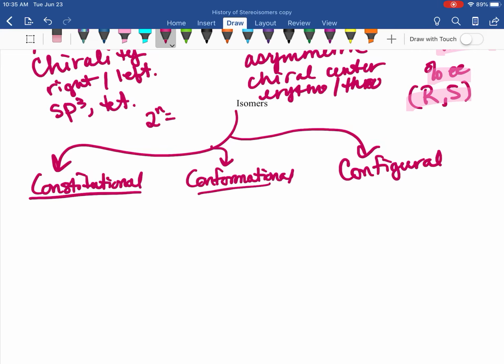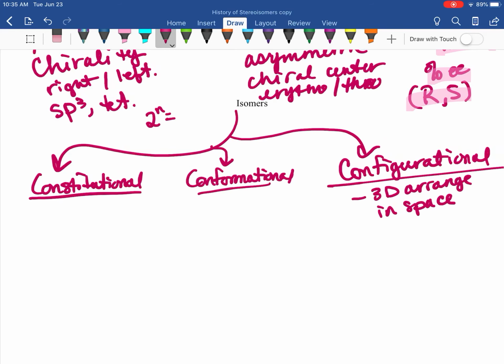All right, you guessed it. What are we looking at? We're looking at an arrangement in space. All right, in the last 50 years, this is where we're growing. So let me grow this isomers. Configurational. Let's get modern.